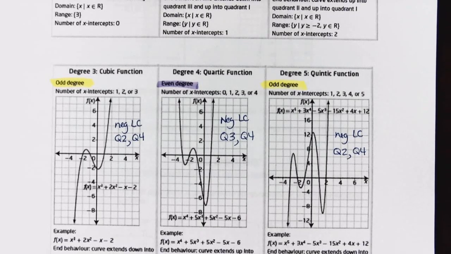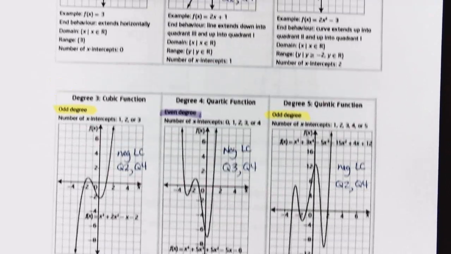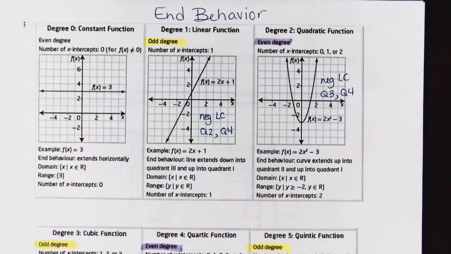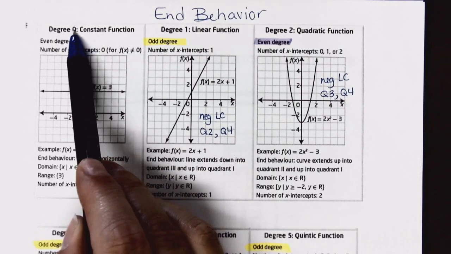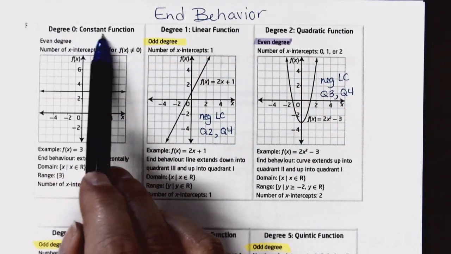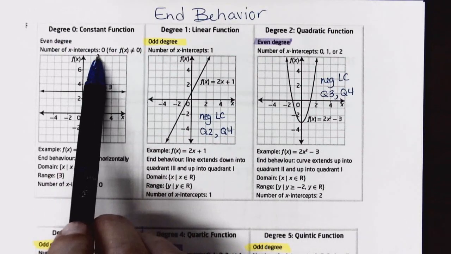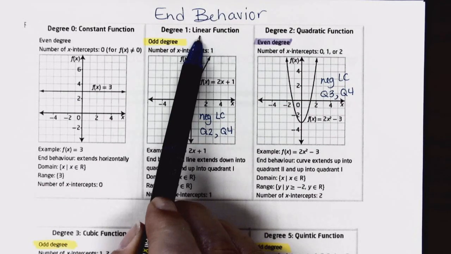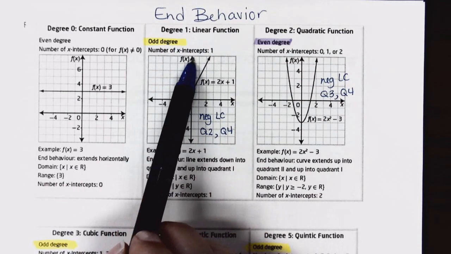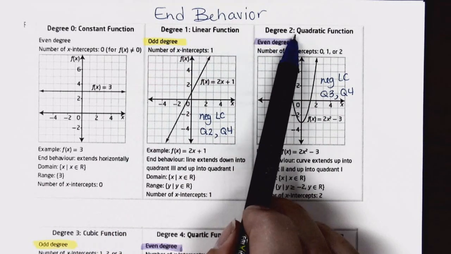Okay, those are all the end behaviors. I want to tell you one more thing about these. We're going to talk x-intercepts. A zero degree function has 0 x-intercepts. A linear function, degree of 1, has 1 x-intercept.